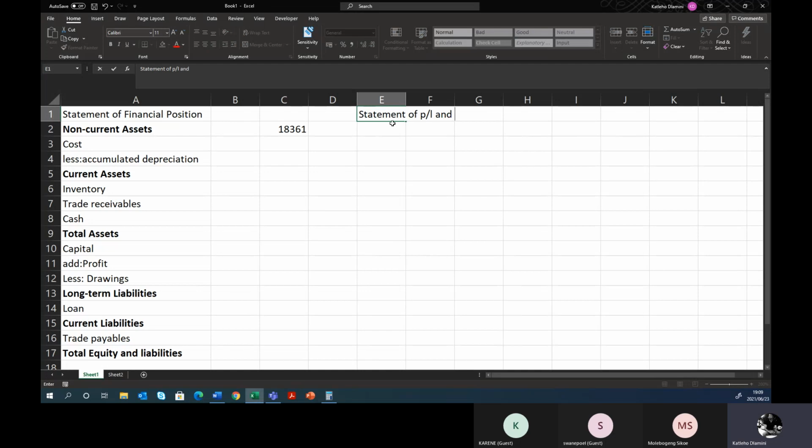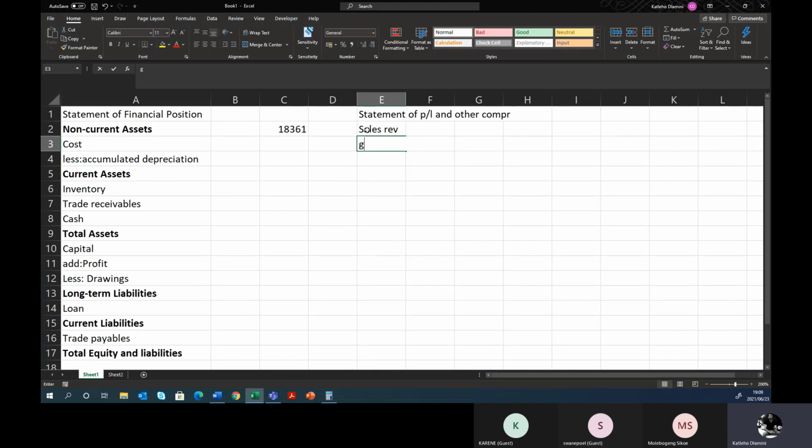Or loss and other comprehensive income. Okay. Now the sales revenue here. Cost of sales. Okay, and then I'm going to put gross profit.